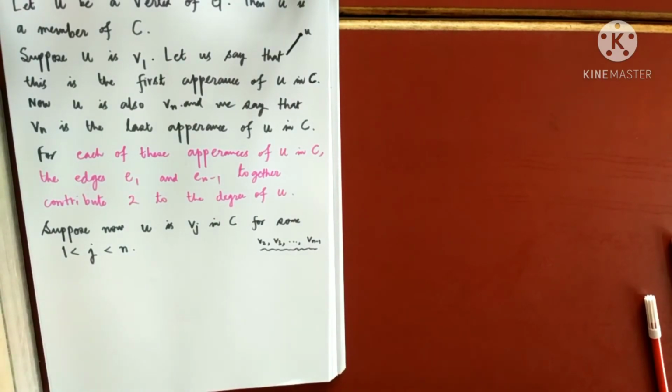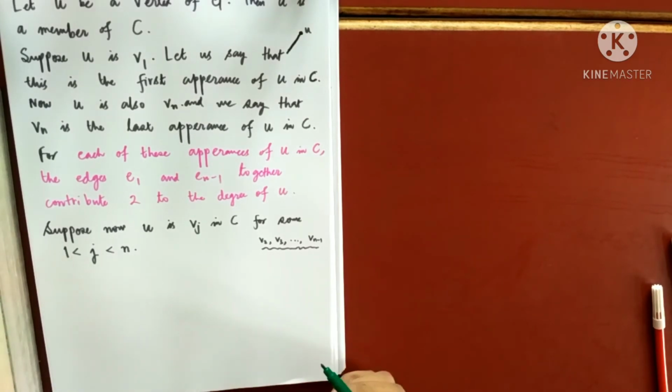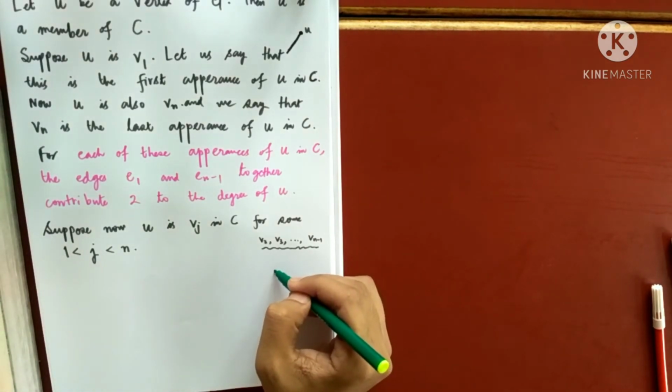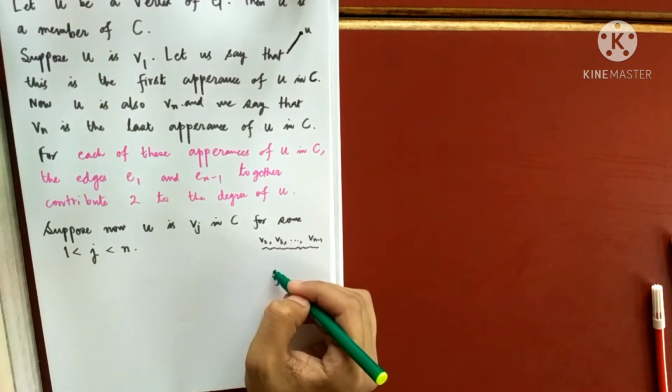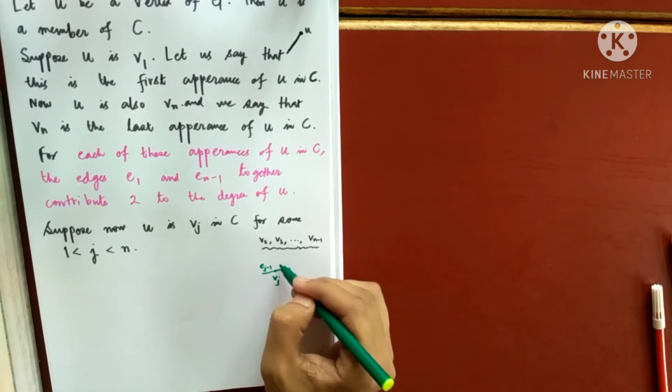Then try to understand my point. Suppose this vertex vj is u. So what is the preceding edge? It is ej minus 1. And which is the next edge? It is ej.